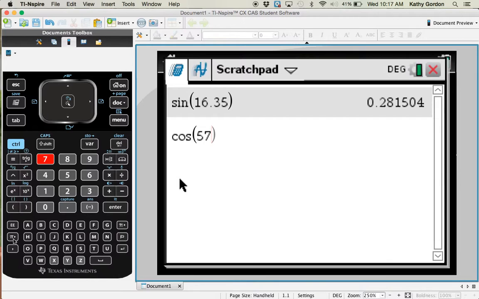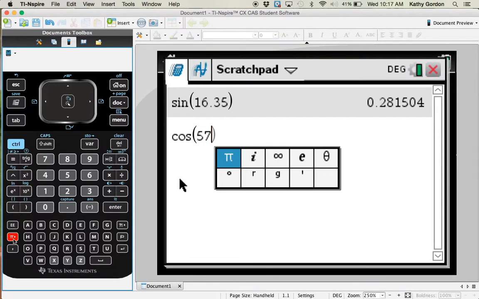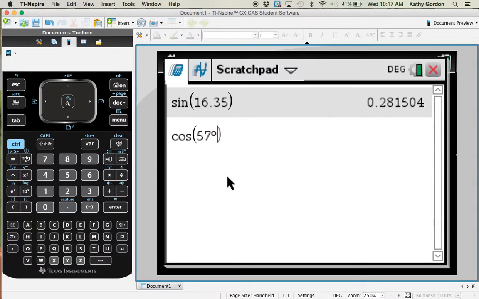See the pi symbol down here beside H? If you click on that, you get a menu of a bunch of different things you can use, and one of the things is the degree sign. So if I put that degree in there, even though I may have my calculator in radian mode, putting the degree symbol overrides that, and it will calculate this now as 57 degrees.